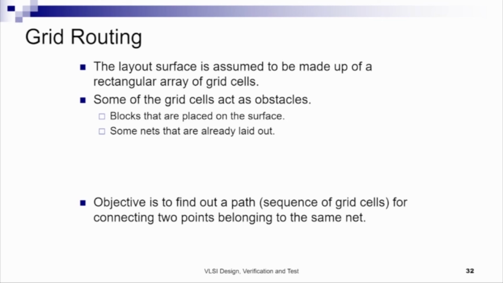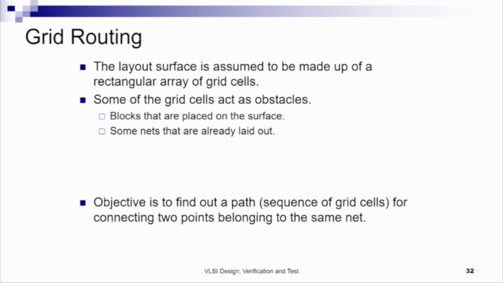Now we want to lay a new net. We cannot cross these nets, because it will create an electrical short, and we cannot cross through the blocks because those are circuit blocks. So we have to do the routing through the remaining vacant space available.